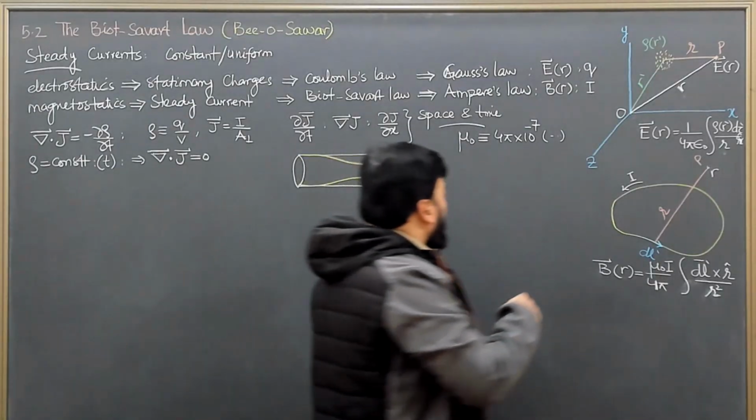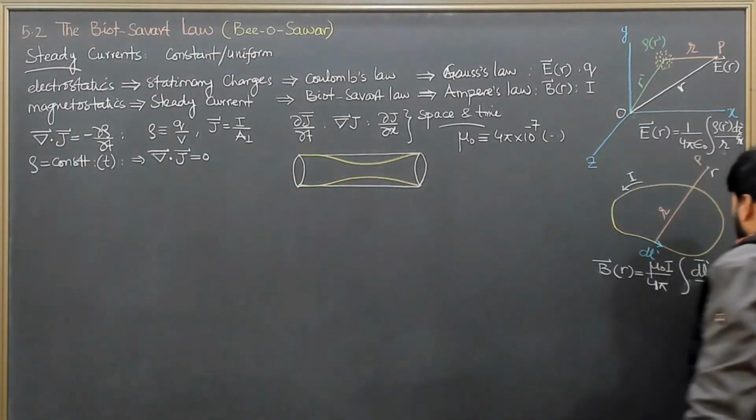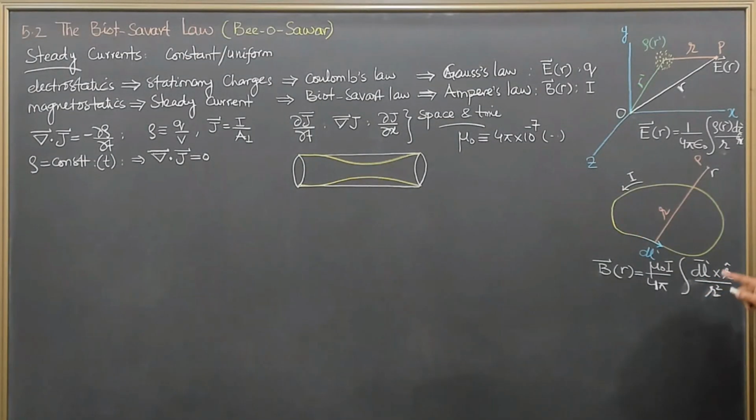So the unit will be determined from here. So this is now a cross product here. Mu naught, the permeability of free space, we were having the permittivity of free space there, and the same 4 pi is occurring here as well.